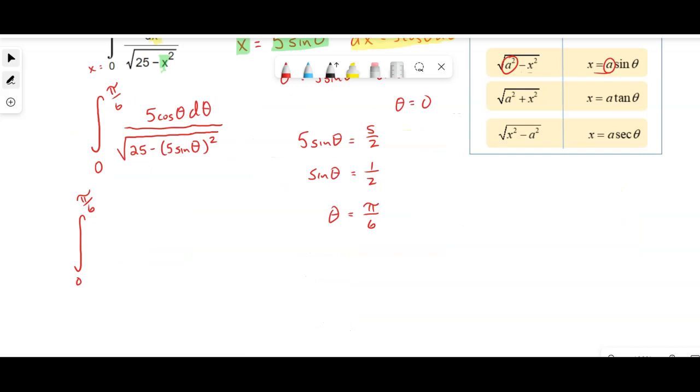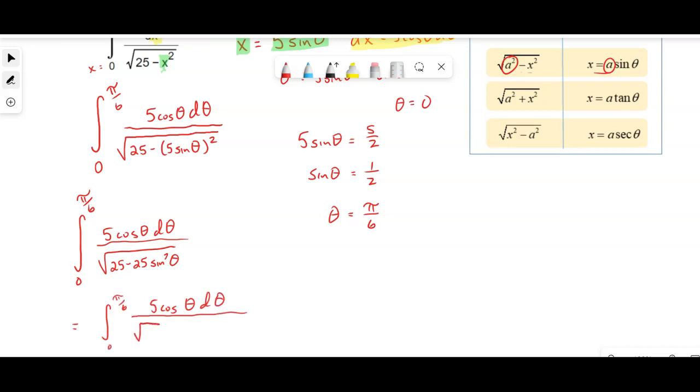All right, and now we're ready to simplify this denominator and do the integration. So this is going to be 5 cosine theta d theta, but on the bottom we're going to have the square root of 25 minus 5 squared, which is also 25 sine squared theta. 25 is common here, so I can factor that 25 out. It comes out as the square root of 25, multiplied by the square root of 1 minus sine squared theta.